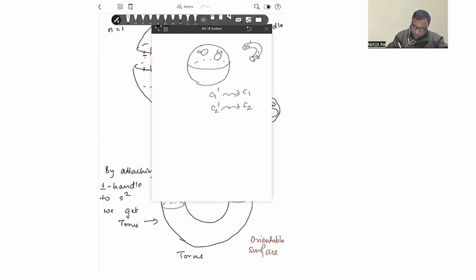Suppose your homeomorphism is orientation preserving. Then you'll get essentially this figure.